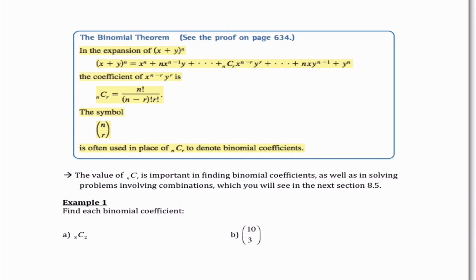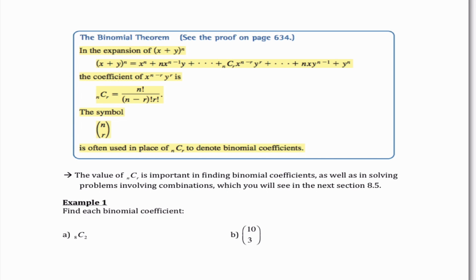So n is whatever this exponent is. Okay, r is whatever the exponent of the y value is. And what we'll see is that that is actually like the number term it is in the sequence. The way that we find this, there's actually two ways to find it. We find it by doing n factorial over the quantity n minus r factorial times r factorial.